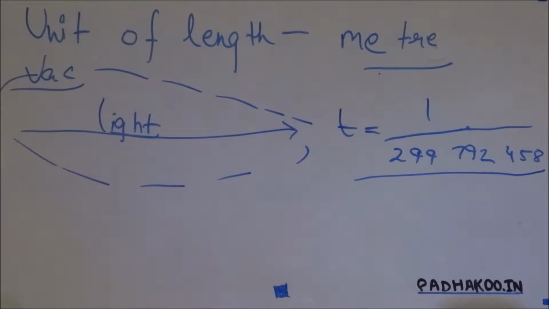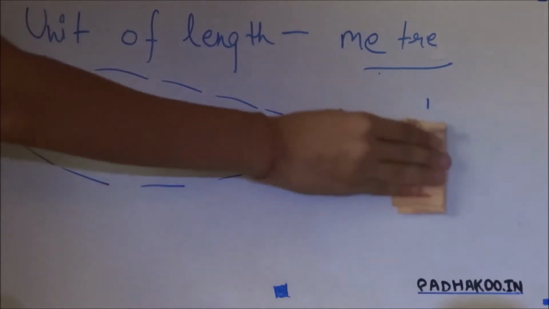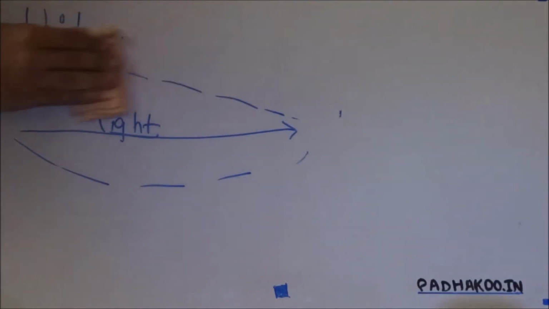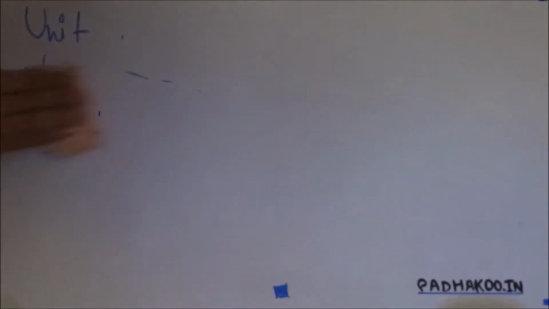Now the second unit is the unit of mass. Some of us are confused about whether the unit of mass is kilogram or gram. But the SI unit, meaning the standard unit of mass, is defined as the kilogram.